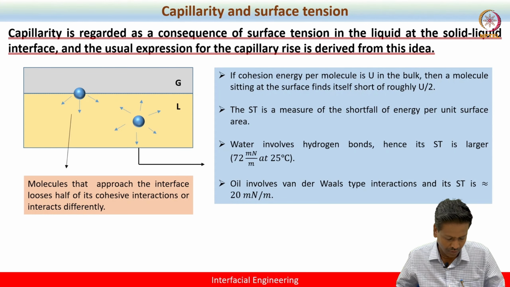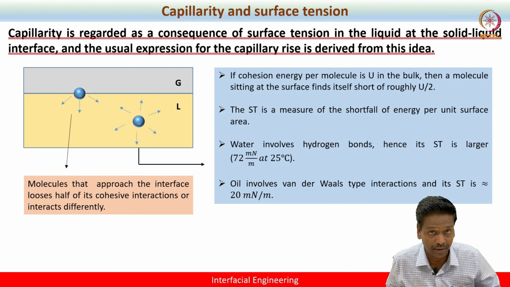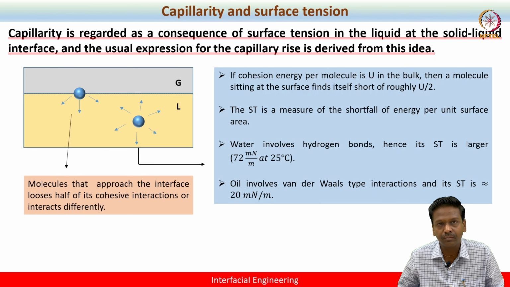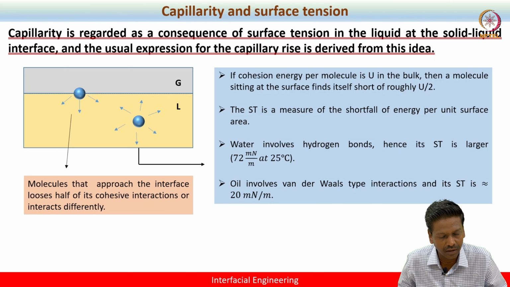First of all, let us understand what capillarity is. Capillarity is regarded as a consequence of surface tension. We're going to look at the capillary rise. Capillary rise is due to the upward movement of the liquid through a narrow space, the process by which liquid climbs up the surface through a narrow space or porous channel.